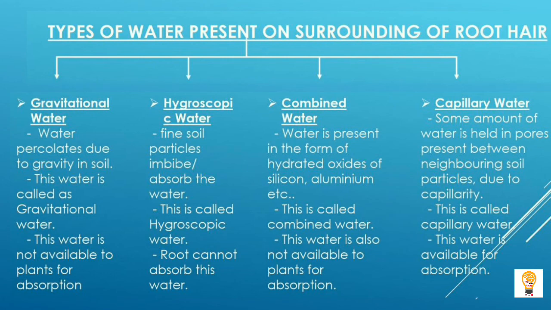Now the fourth type of water is capillary water. Some amount of water is held in the pores between neighboring soil particles due to capillarity. This capillary water is available for absorption by the plants.